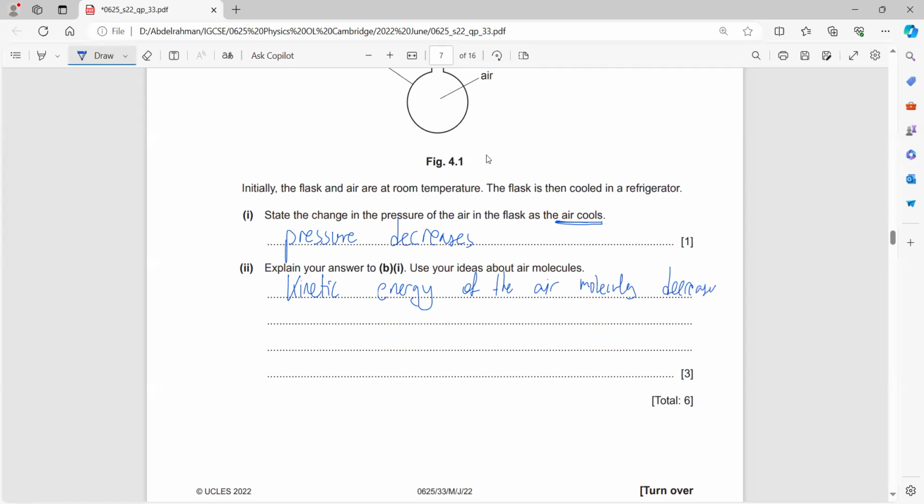When it decreases, they hit the walls slower, with less force, and less frequently.